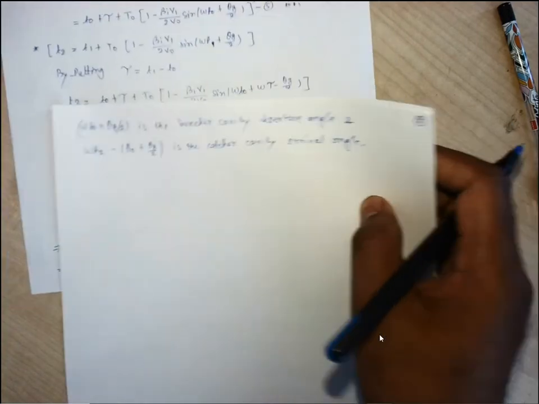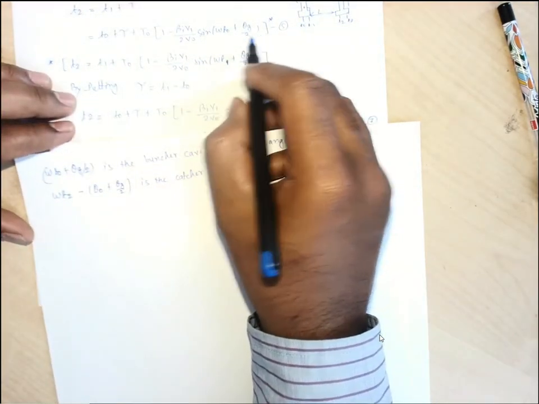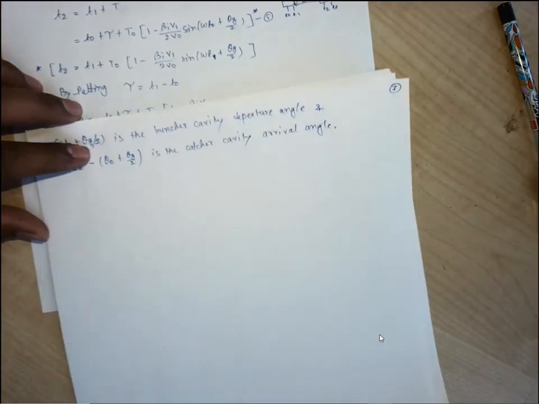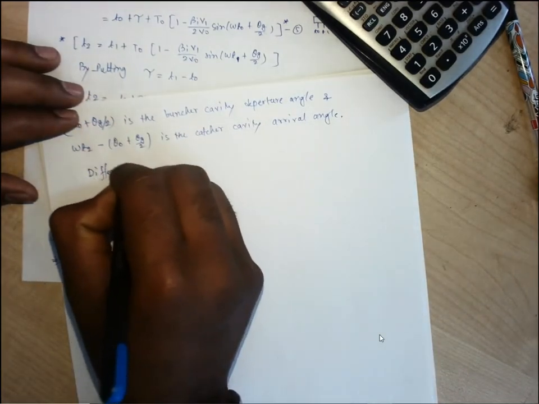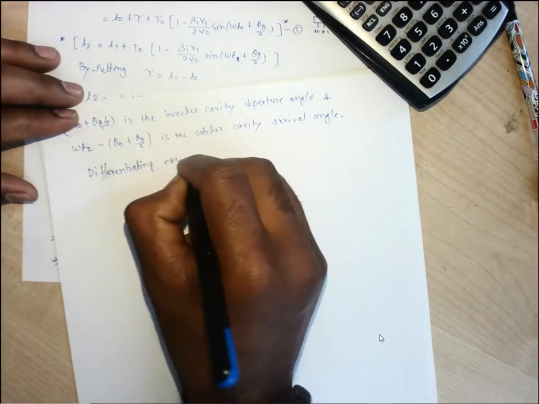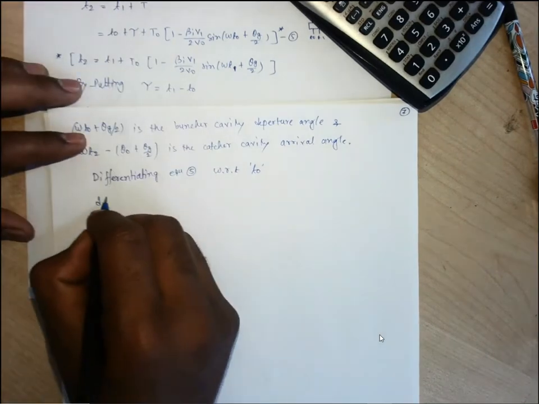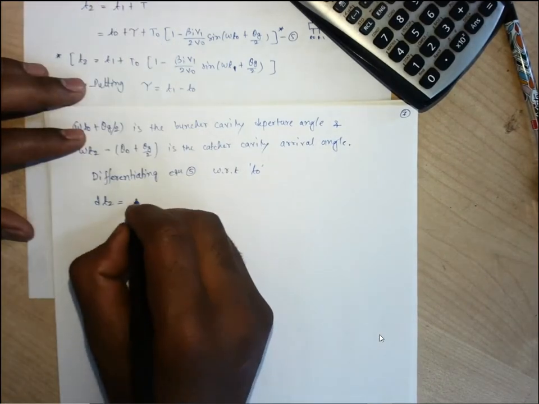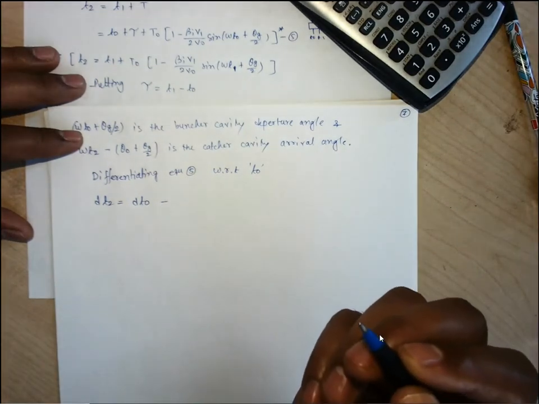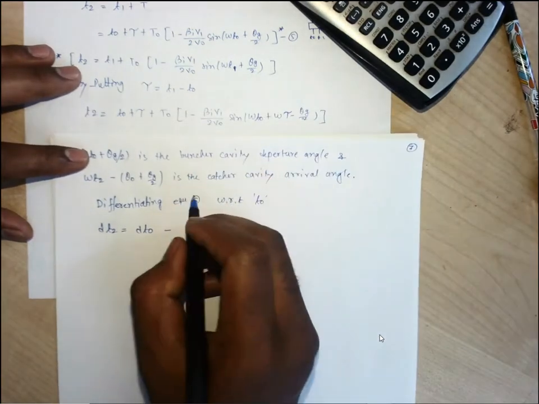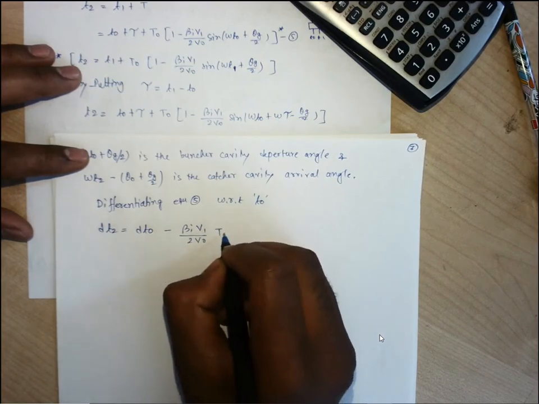Now if we differentiate this equation 5 with respect to t naught, then dt2 is equal to dt naught minus beta I v1 by twice V naught, T naught.